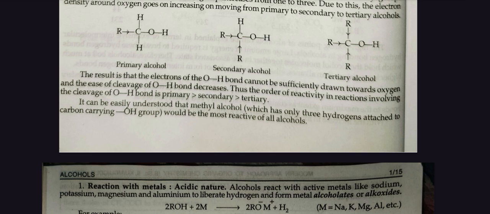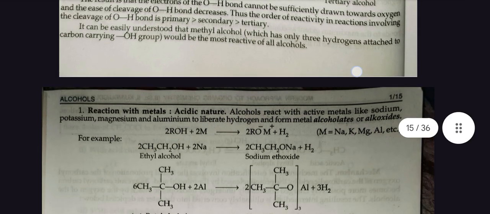Thus, the order of reactivity in reactions involving the cleavage of the O-H bond is primary alcohol greater than secondary greater than tertiary. It can be easily understood that methyl alcohol, which has only three hydrogens attached to the carbon containing the OH group, would be more reactive than all alcohols.